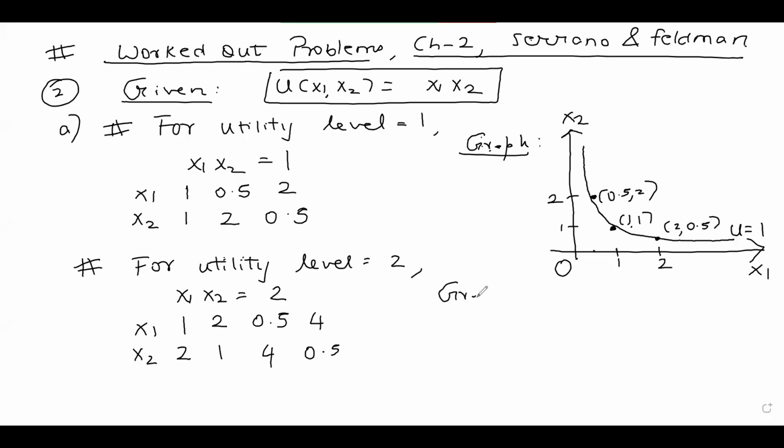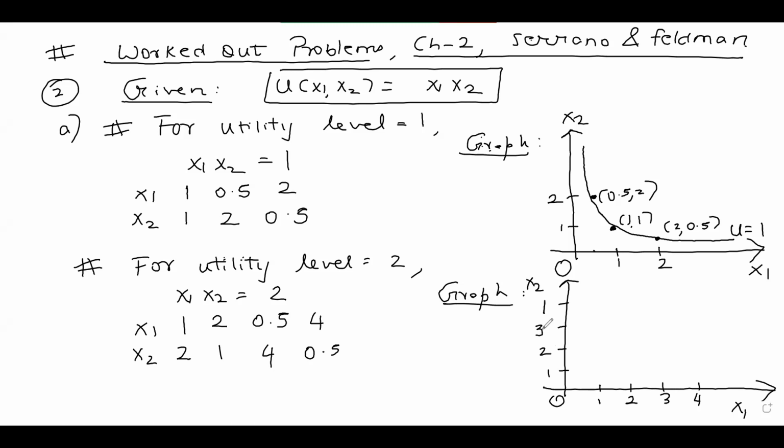Let's look at the graph. Again, on the horizontal axis, x1, and on the vertical axis, x2. And we have 1, 2, 3, 4 on each axis.